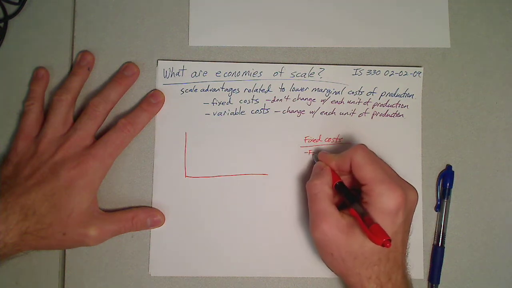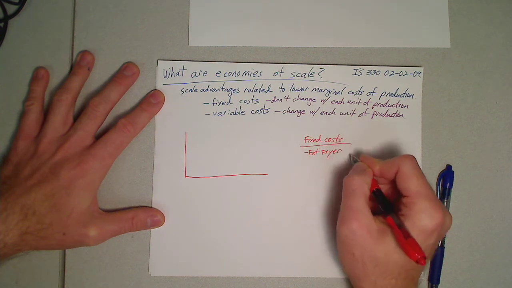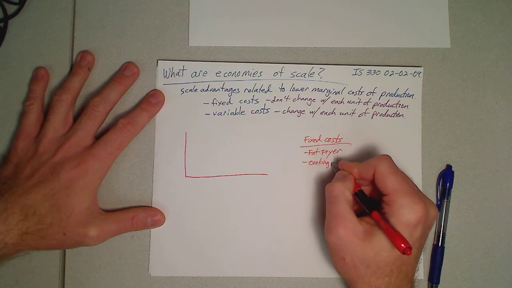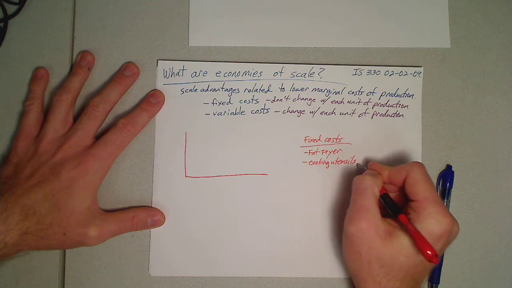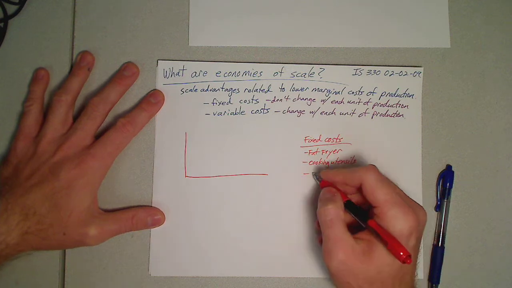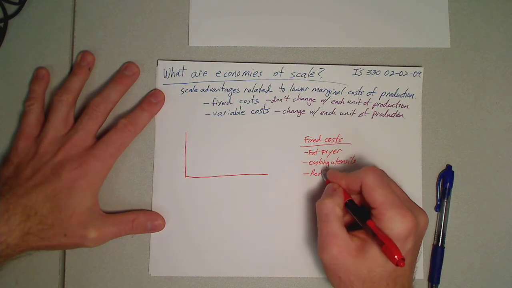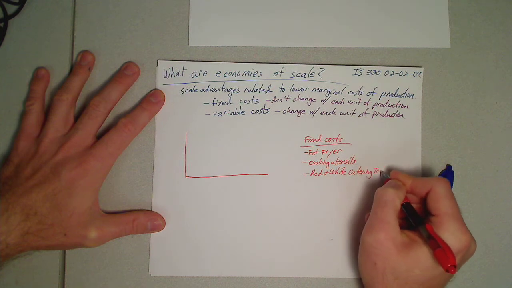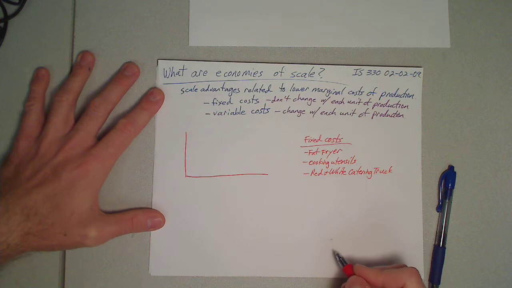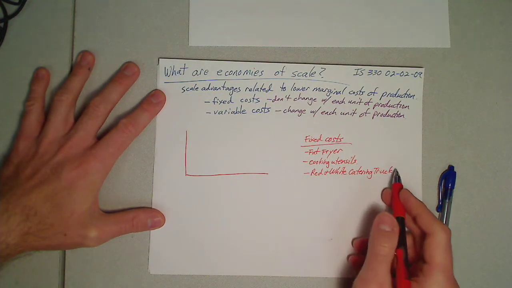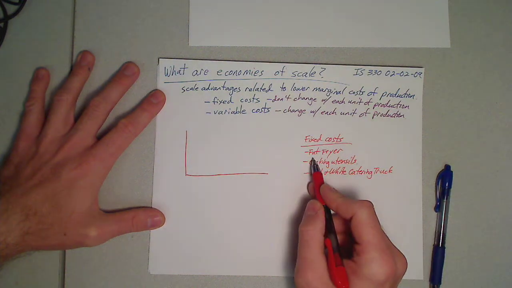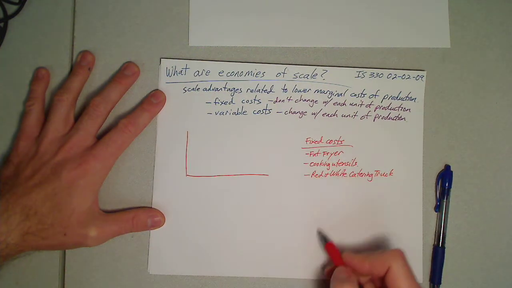I'm going to need a fat fryer, some sort of cooking utensils, and maybe if I'm in Hawaii, I'm going to need a red and white catering truck. And those are my fixed costs. That means regardless of how many malasadas I make today, or at least within a certain quantity, I have these costs that I have to pay for.